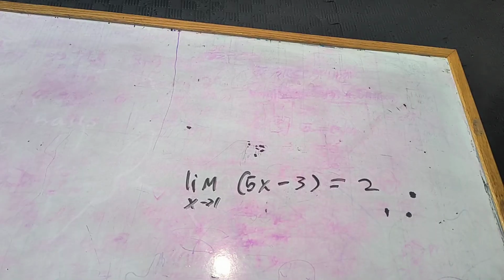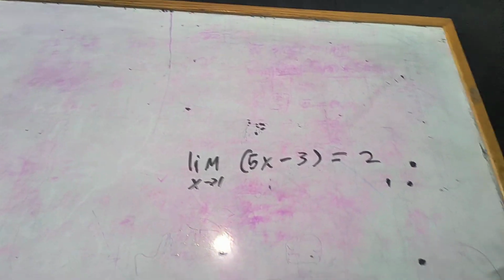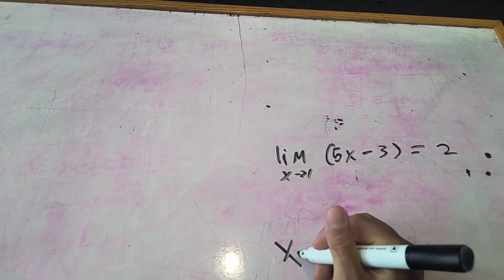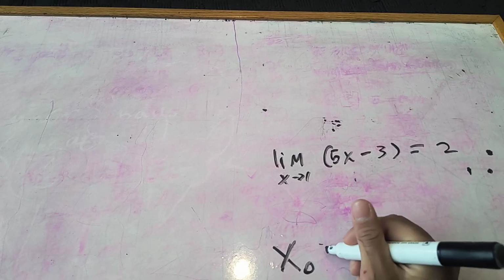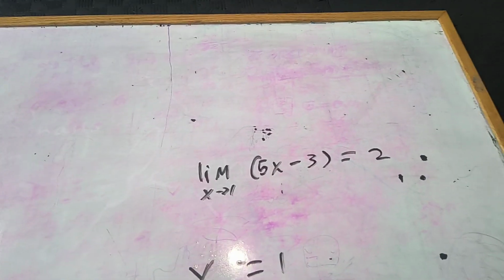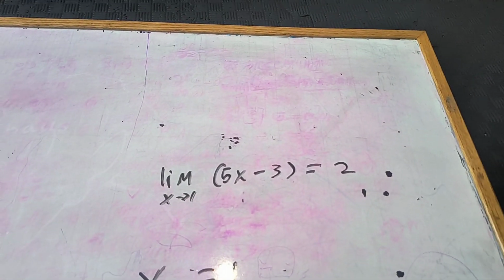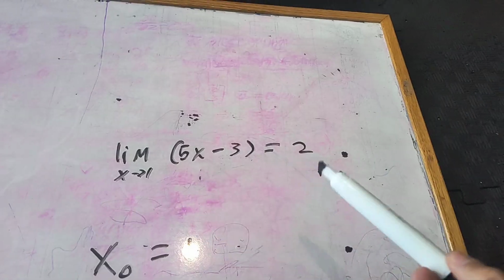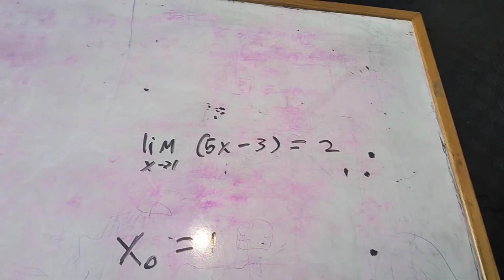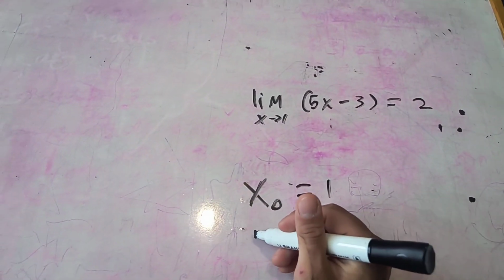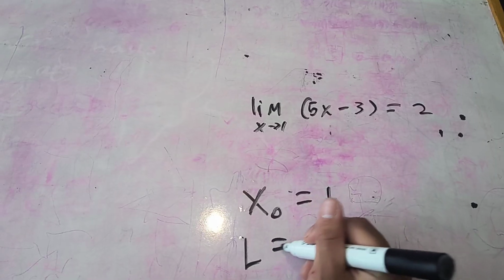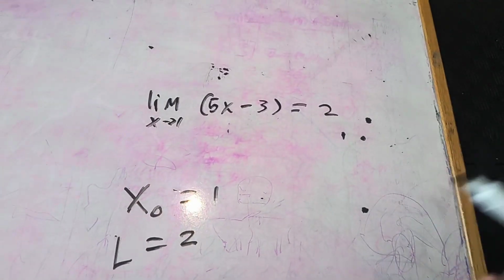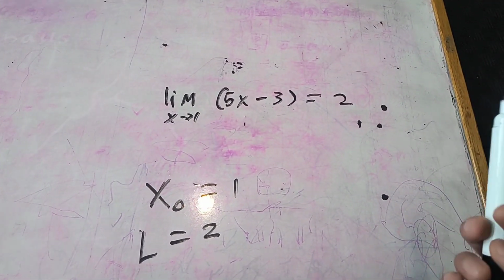We're going to set x naught equal to 1, f of x is obviously the function right there, and L is equal to 2. So the limit is equal to 2, because that's what it is.